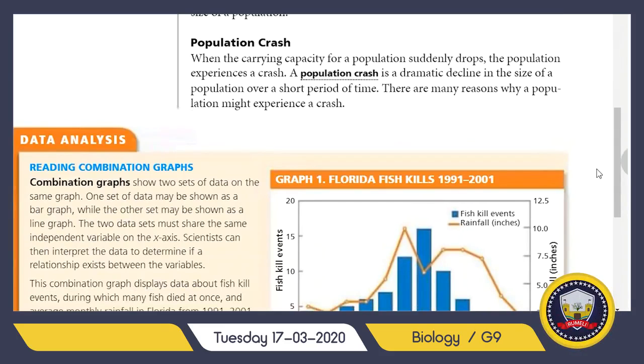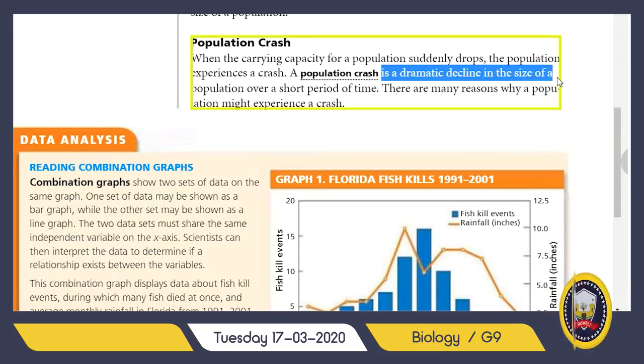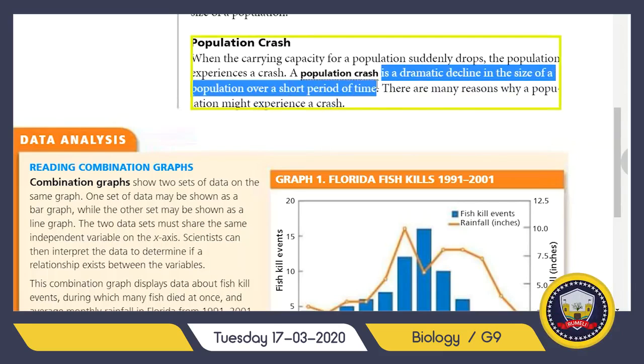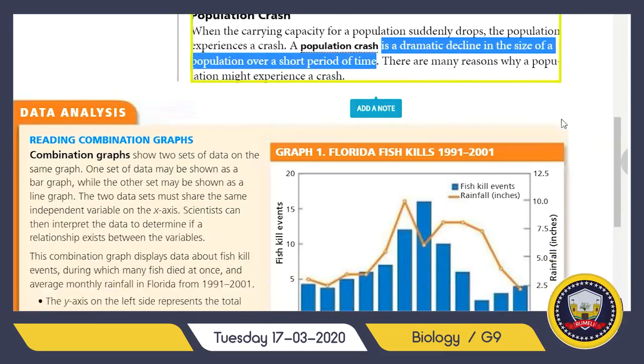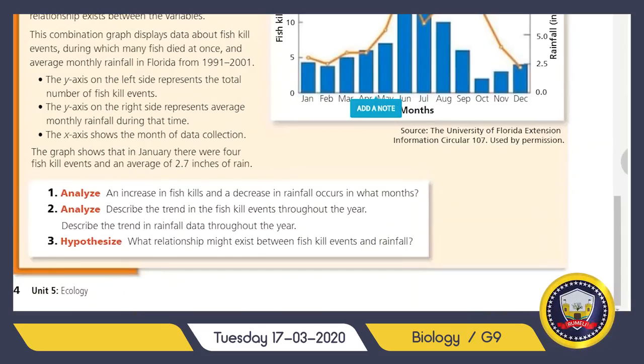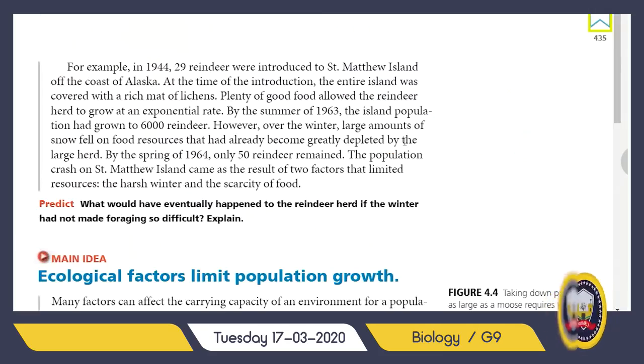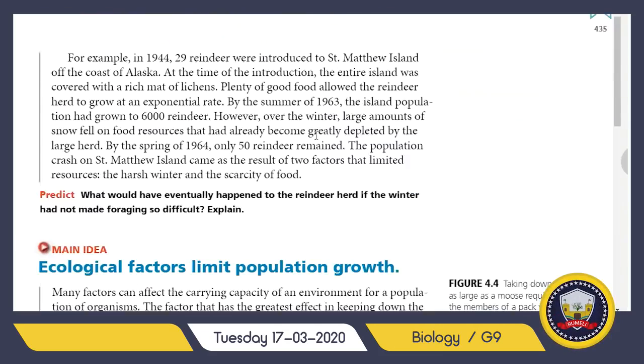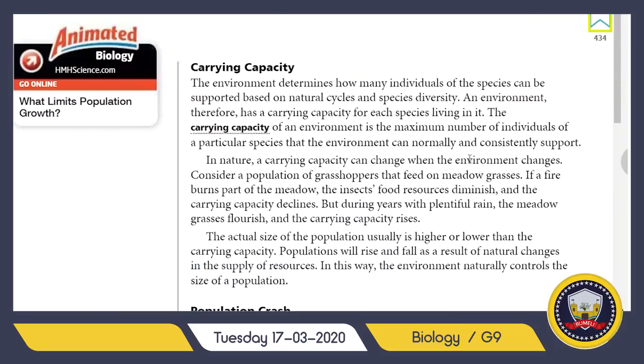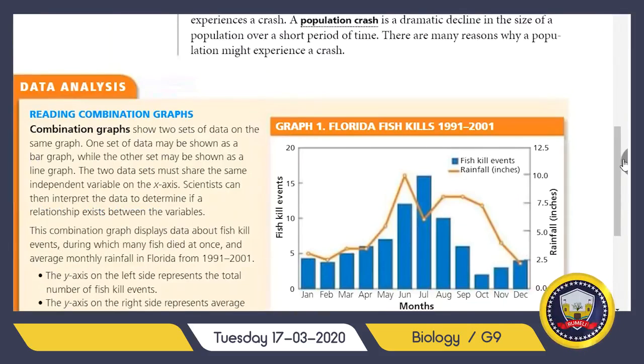So population crash is a dramatic decline in the size of a population over a short period of time. And this can happen because of many reasons. Many reasons can cause population crash.